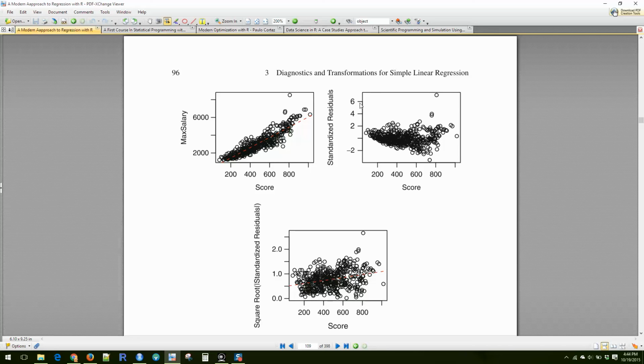Because this means this is 6 standard deviations away from the mean, which shouldn't really happen, okay? So we're expecting most to be between 2 and -2, or 3 in extreme cases, and we're expecting them to be spread out. And there seems to be a little bit of a dip here also, okay? So I think it'd be more clear on maybe a better plot.